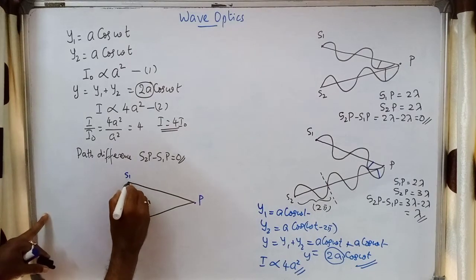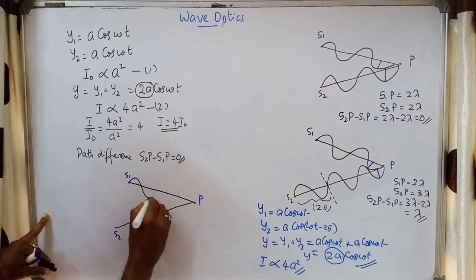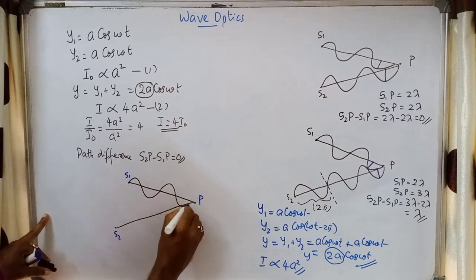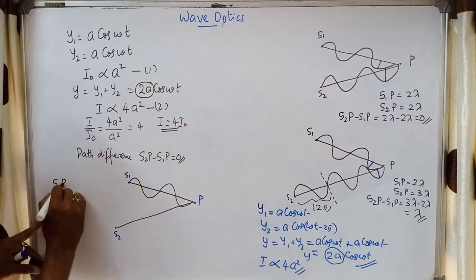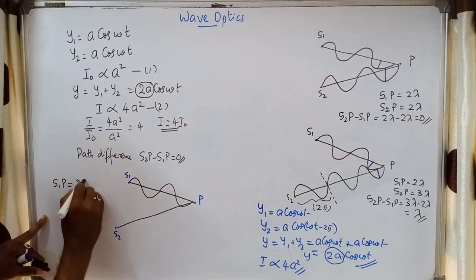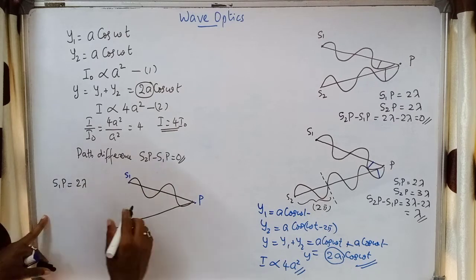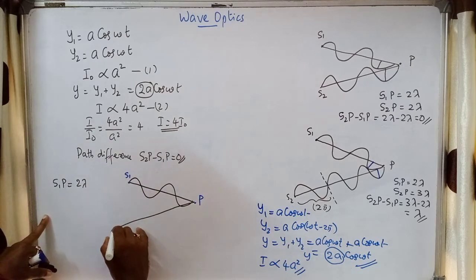Now we can draw the waves like this. Here also we can take two waves. So what is the length S1 to P? S1P is here 2 lambda: lambda and lambda. Now here I am just going to consider one wave.